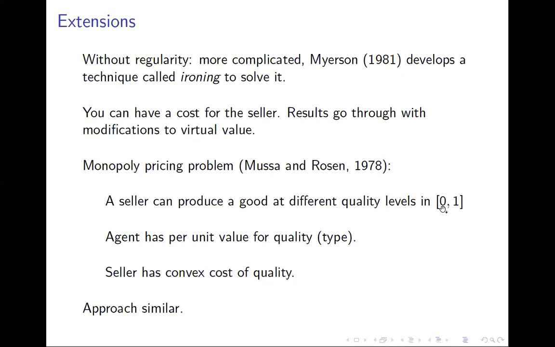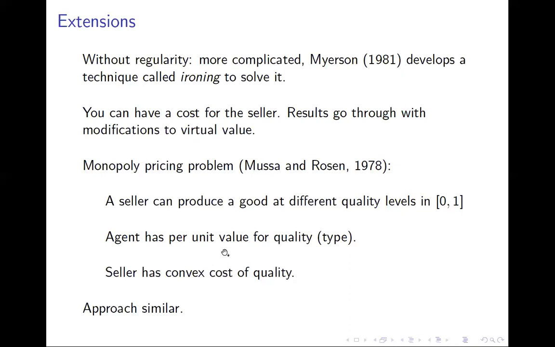The allocation variable basically indicates the quality level of the product. There is a single agent, so this is not a problem with multiple agents. You can also do a multi-agent version of it, but at least the one agent problem is interesting enough, so you should look at it. They also solve the one agent problem.